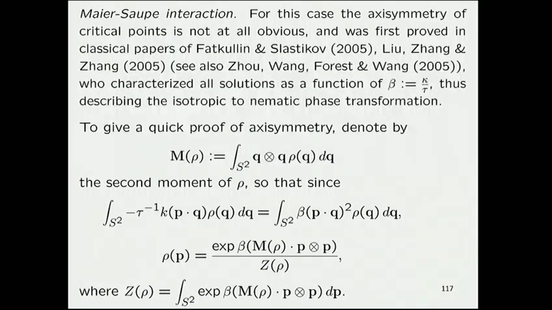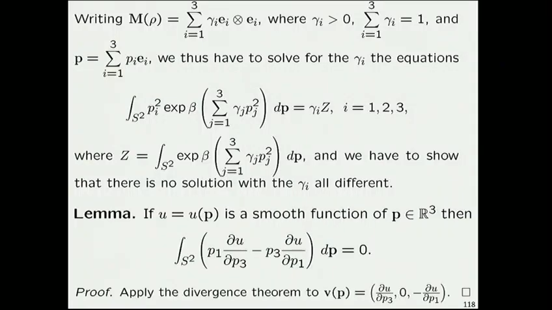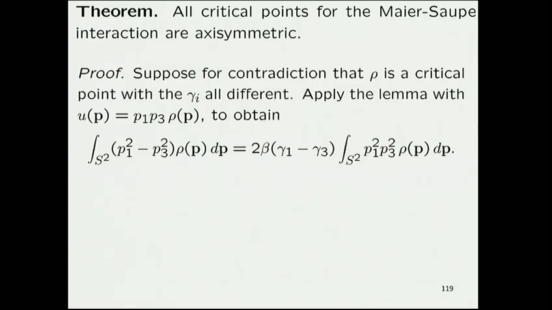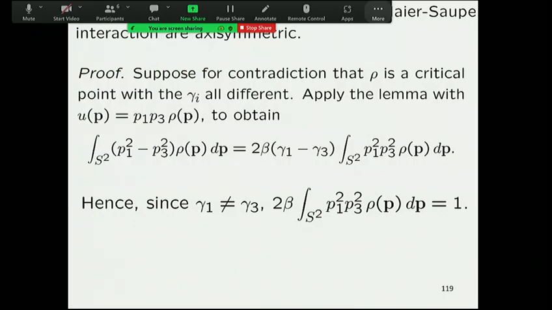M of rho is fixed, but I'm calculating the derivatives here. Then I use the expression here, and that gives me the P1 squared, P3 squared rho. So we have this equation, and now we use the equation back here.